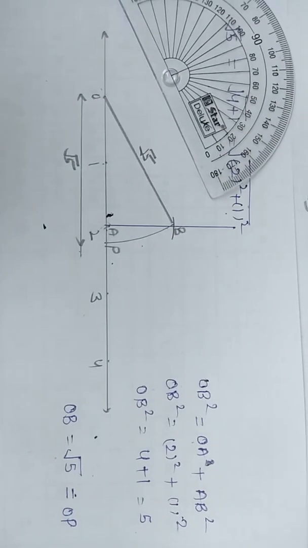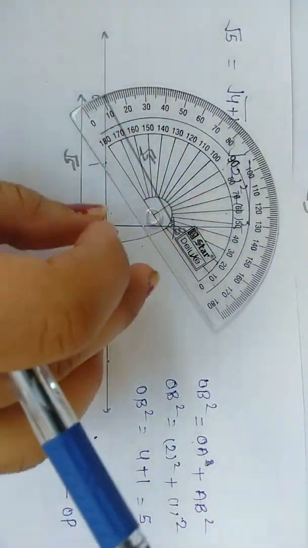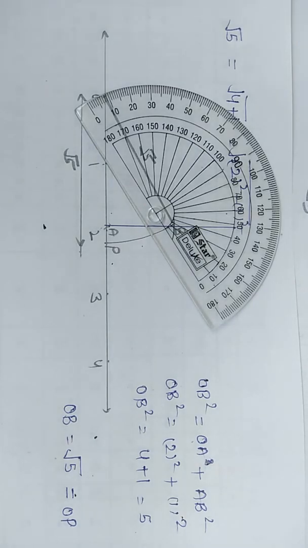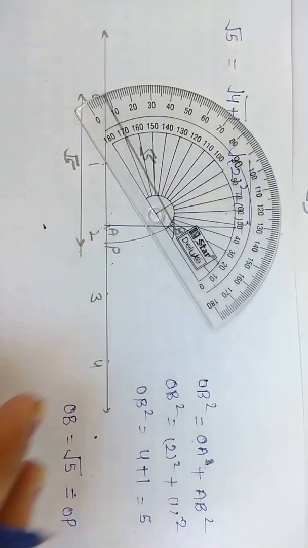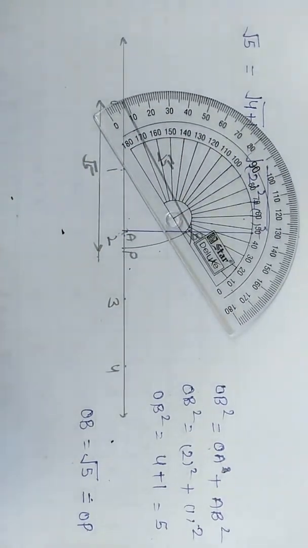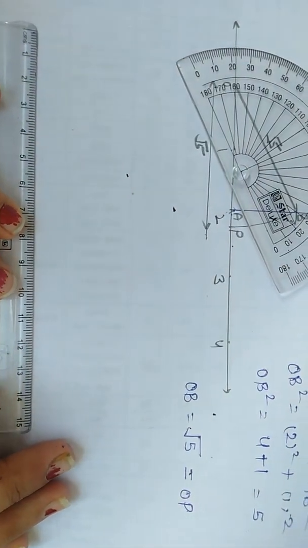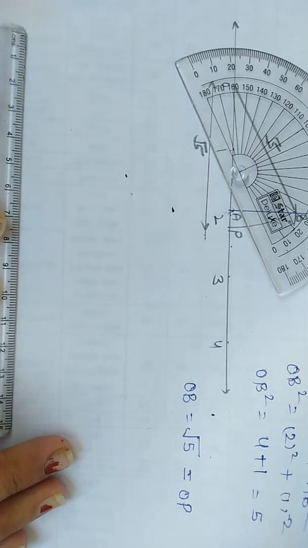Now we have to mark root 17. We can again mark 6 like this. We take here the perpendicular and draw again as we drew under root 3. Now for root 17 we take a small line segment of 1 centimeter. Earlier we were taking the line segment of 1 inch.